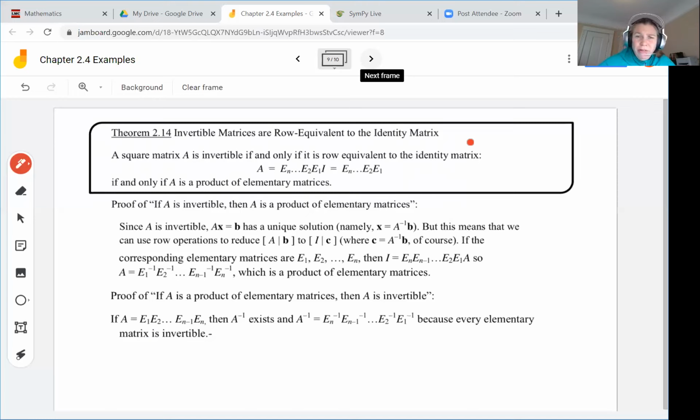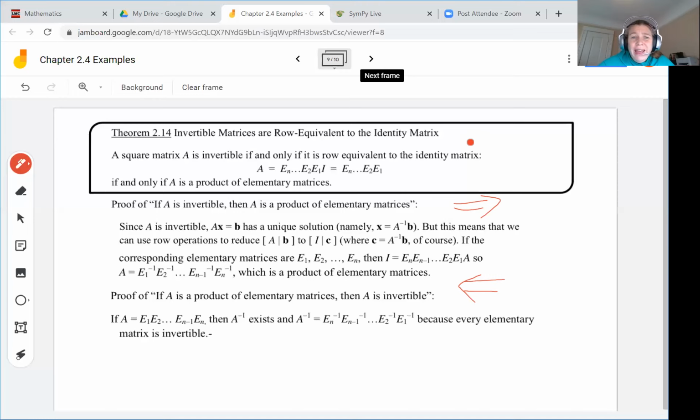So we are going to start with the forward direction first here in our proof, and then we'll do the backwards direction down here. So we are going to start by assuming A is invertible, and then we are going to show that A is a product of elementary matrices.